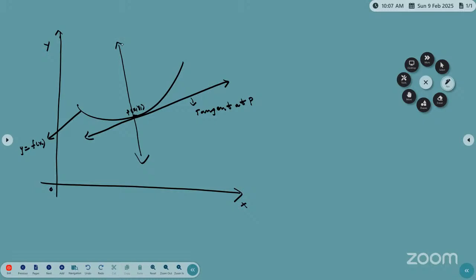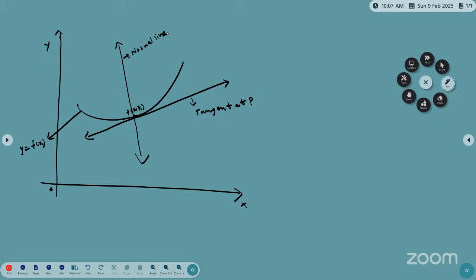Which line is this? Normal line. The normal line is a line which is perpendicular to the tangent. Am I right? Is this normal line perpendicular to the tangent or not? A tangent is a line which touches the curve at one point.